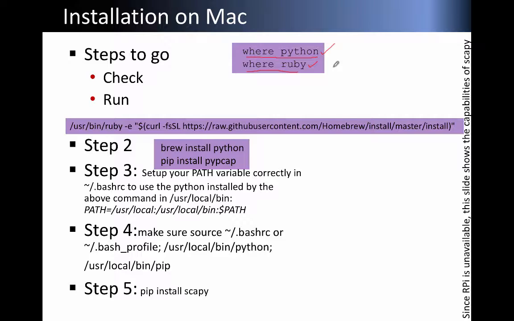If you do not have Ruby, then this is the command that you can run using curl. curl takes a URL, as if you are running it in a web browser.